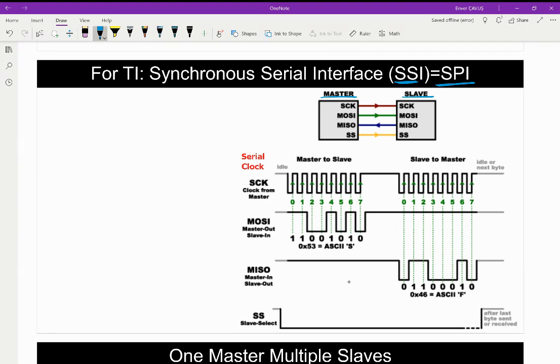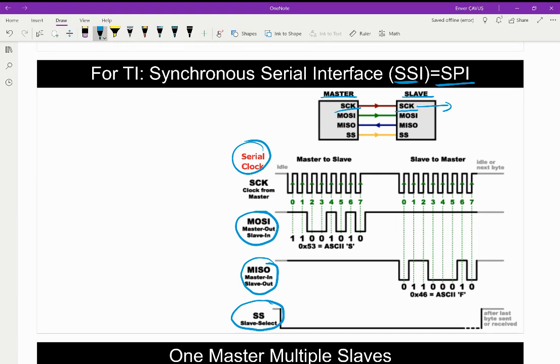So this SCK means it's a serial clock. So MOSI means master out, slave in. MISO means master in, slave out, and SS means slave select.